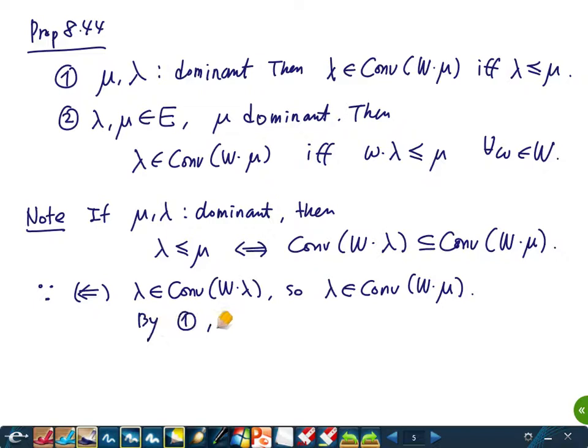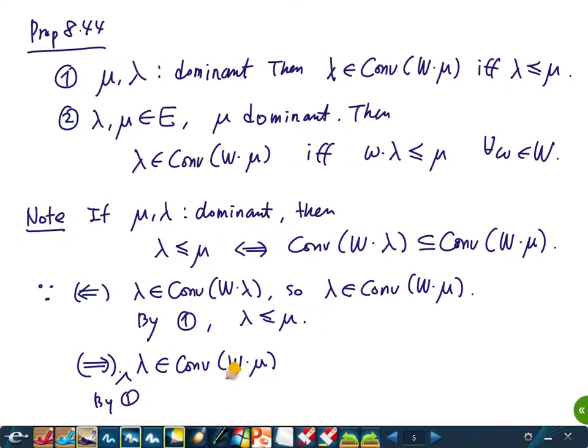So by 1, if these are dominant, lambda is here, then this is done, right? And the other direction, suppose that lambda is in the convex hull of this. By 1, we have lambda inside the convex hull of this. But then let's apply W to lambda.